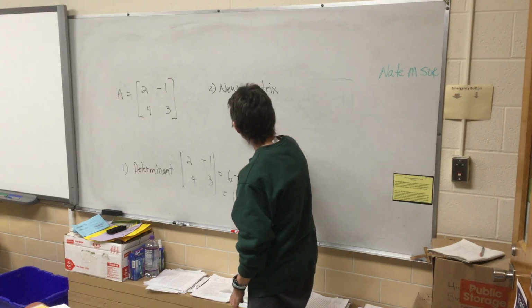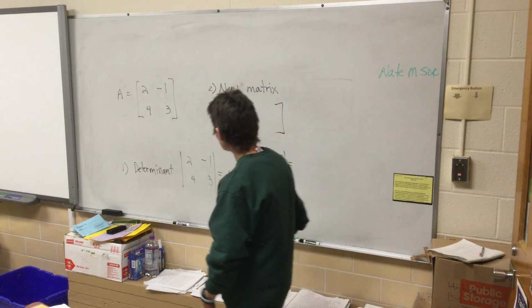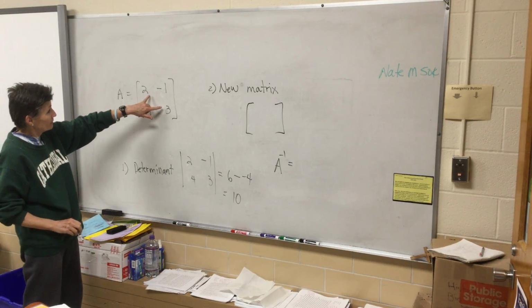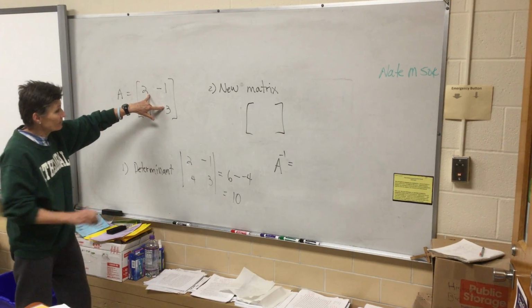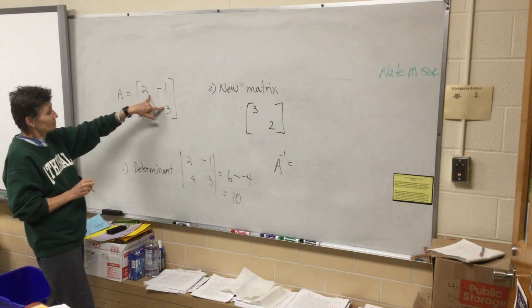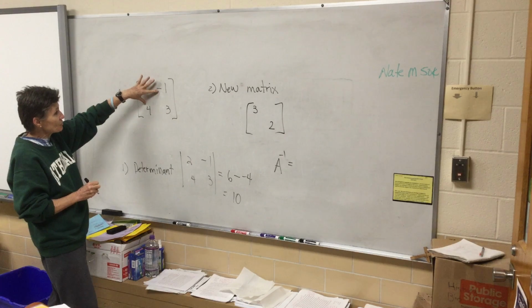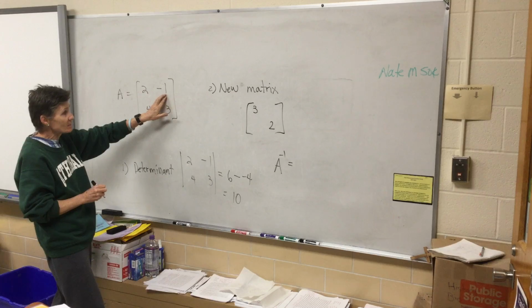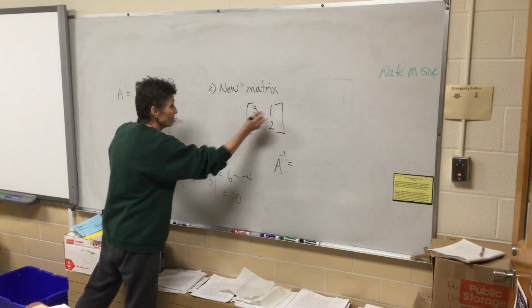All right, now we're going to build a new matrix. So go back to the original. Take these two right here and switch them. And take these two right here and make them opposite. So the 1 stays in this spot, but it becomes positive.